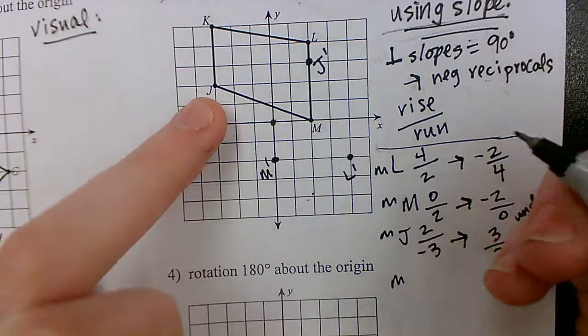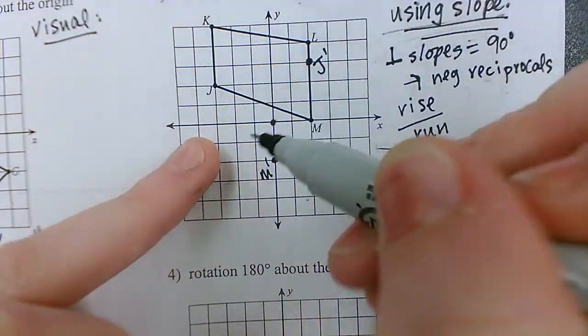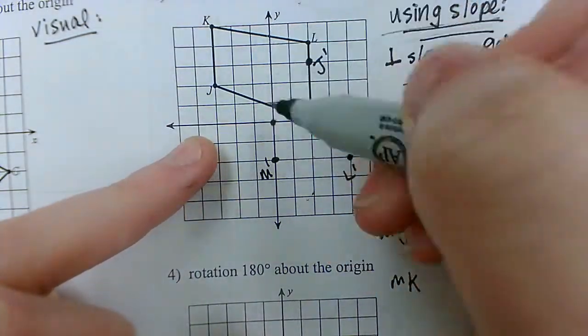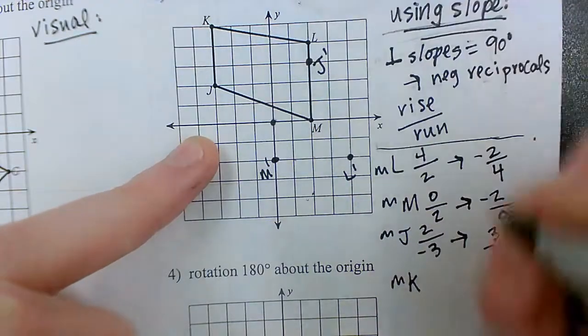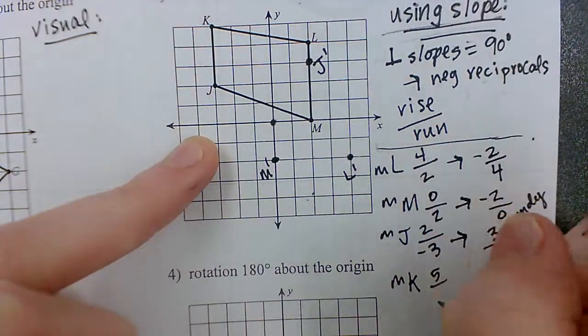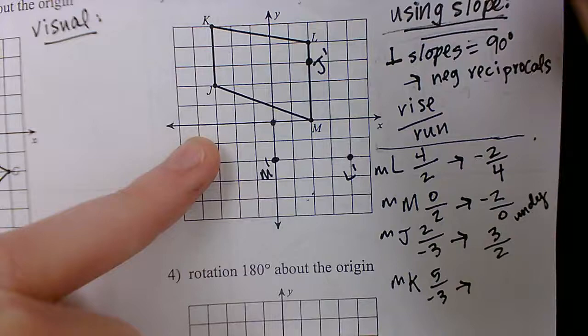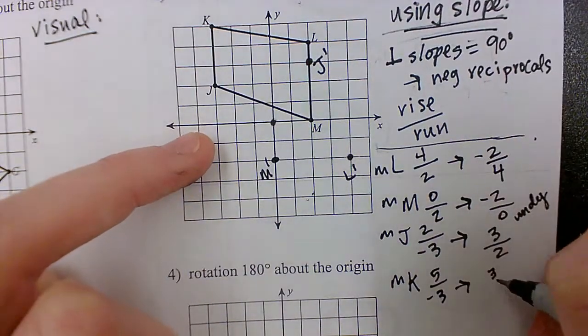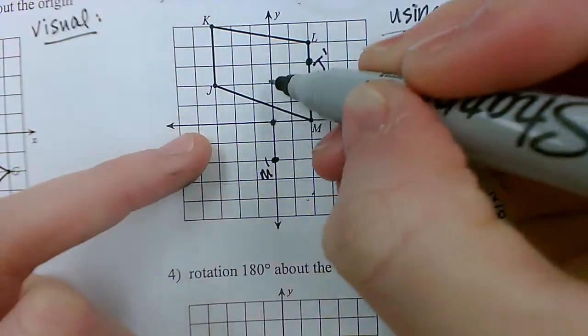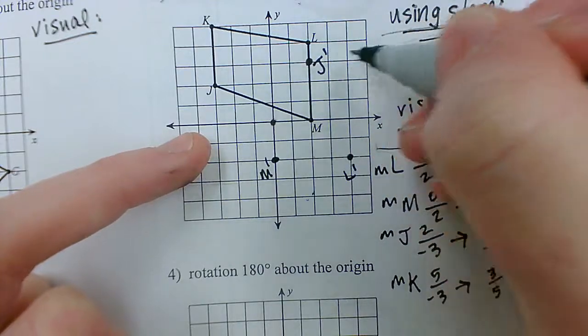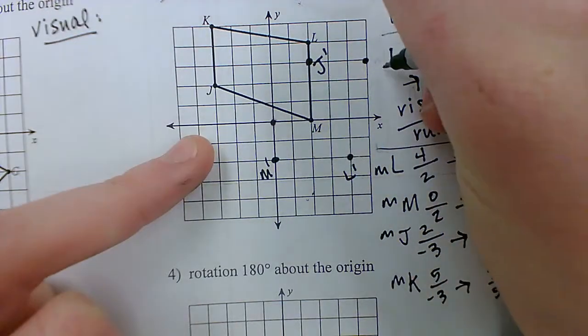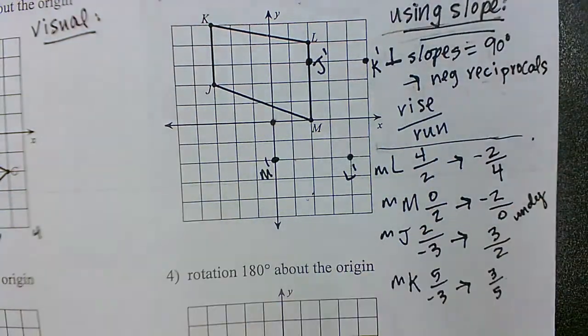And my last one would be the slope of K, and that is positive 1, 2, 3, 4, 5, negative 3. And that's going to take us to a positive 3 over 5. So 1, 2, 3, 1, 2, 3, 4, 5, and that's K prime. And let's go ahead and connect.